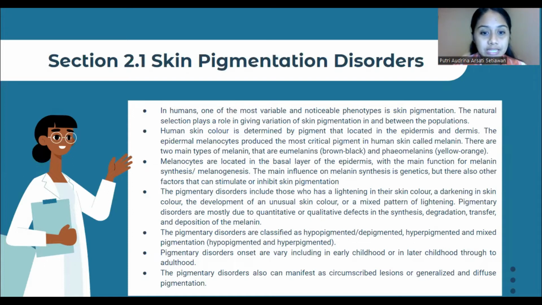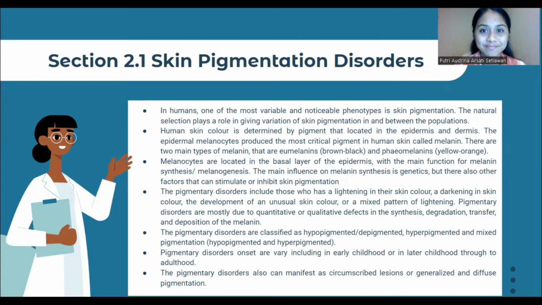Pigmentary skin disorders include those with a lightening of skin color, a darkening of skin color, the development of an unusual skin color, and or a mixed pattern of lightening and darkening skin color. Pigmentary disorders are mostly due to quantitative or qualitative defects in the synthesis, degradation, transfer, and deposition of melanin. The next part will be continued by my friend.